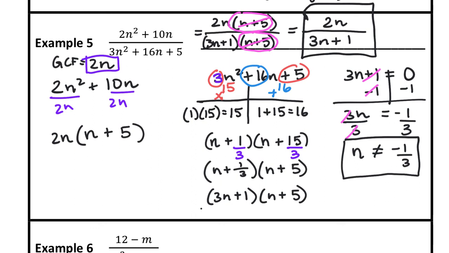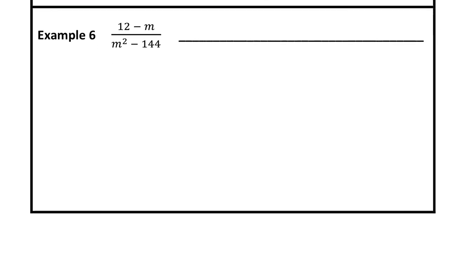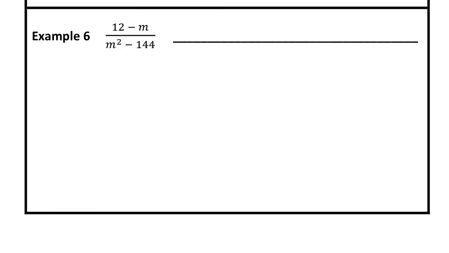So let's do example 6. Hopefully we're getting the hang of it. So in example 6, if you notice, there's no GCF on the top. Well, there's one thing that we can do.